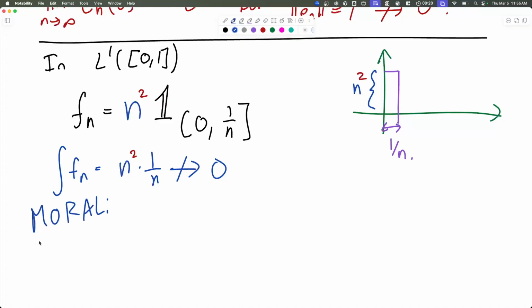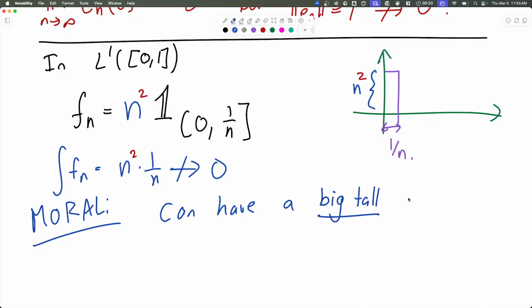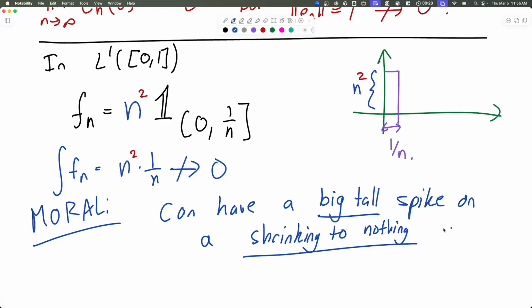The moral: you can have a big tall spike on a shrinking set, shrinking to nothing. The big tall spike times the shrinking to nothing is kind of like an infinity times 0.